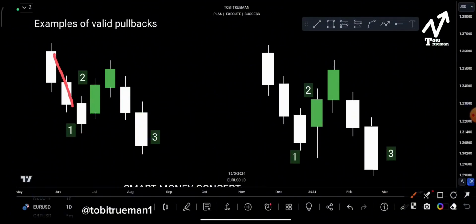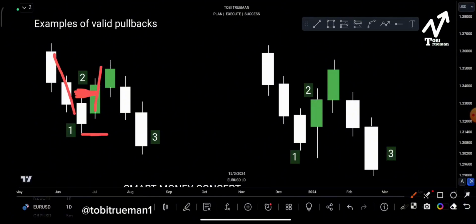When price is making this type of candle formation, candle 1's low point is here and candle 1's high point is here. So for us to know which is a valid pullback, we need the high point of candle 1 to be taken out by the next candle that forms, either by closing above it with the candle's body or with a wick. It doesn't matter. We just want that high point to be taken out.